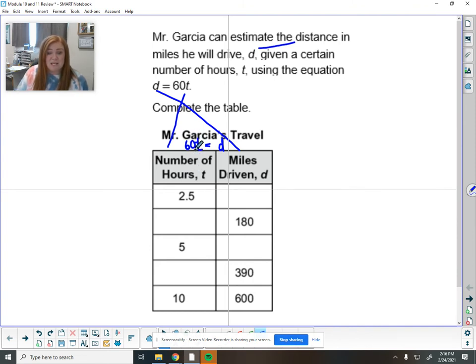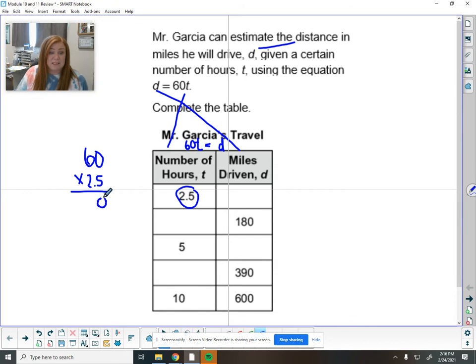So every time it's been an hour, he can drive 60 miles here. So the first thing we're going to do is plug in this, and this is representing T. So we're going to do 60 times 2.5, and that will tell us how far he can go in 2.5 hours. Let's go ahead and pause the video and try that.